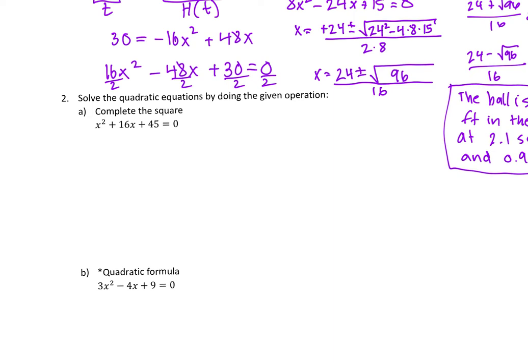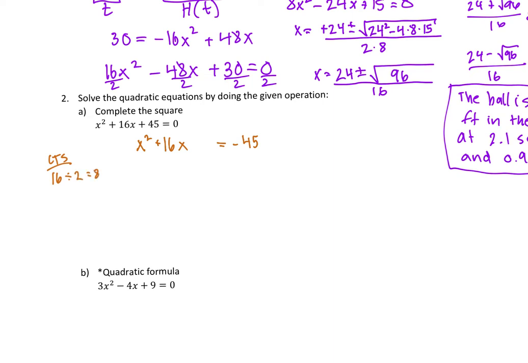Okay, so when we are solving this quadratic equation by completing the square, we need to first take my equation, and I'm going to subtract the 45 over to the right side. And then we will complete the square. So to complete the square, we take the 16, divide it by 2.